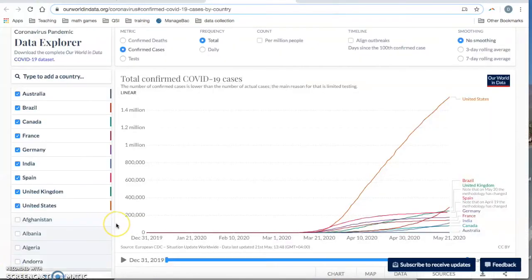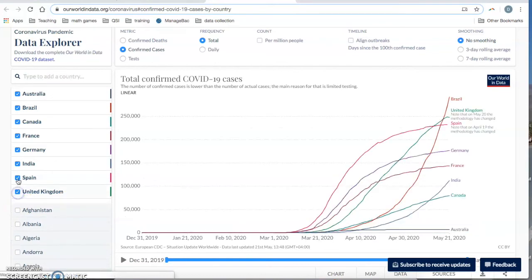And finally, let's look at some real-world applications of these concepts of exponential growth and exponential decay. And what better real-world situation than the global pandemic that's happening right now in spring of 2020. So I am going to take away some of these countries because I want to make some points here.